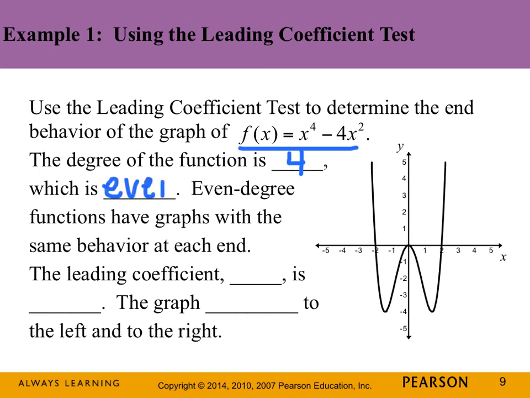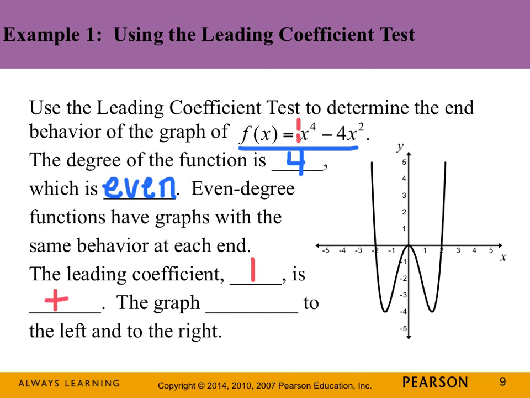Now, even degree functions have graphs with the same behavior at each end. So now we have to just decide, is it up or is it down based on what the leading coefficient is. The leading coefficient, well, that's an understood 1. And this number is positive.